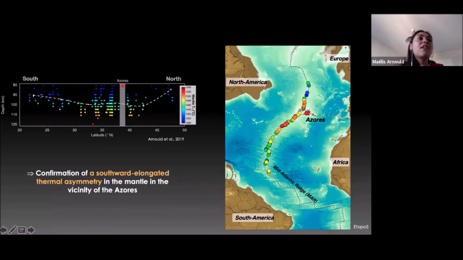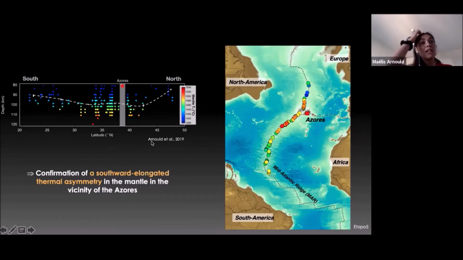You can see that there are hotter temperatures in red that are associated with the Azores. And from these results, you can see also that the potential temperature of the mantle drops faster on the northern side of the Azores than on the southern side.